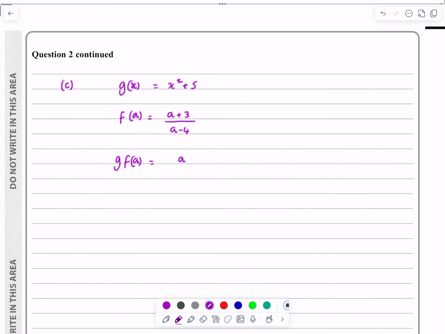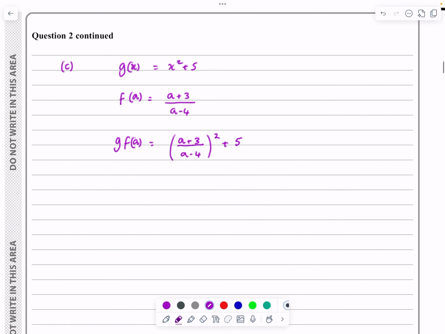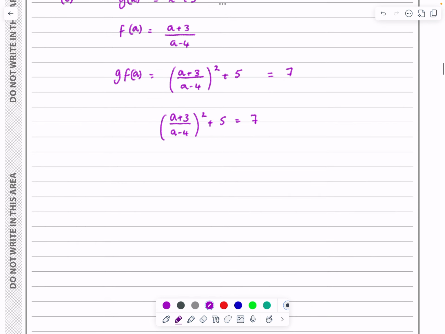So it's ((a + 3)/(a - 4))² + 5, and we want that to equal 7. We've now just got to solve this. The simplest way to do that is to take the 5 over. So ((a + 3)/(a - 4))² is going to be equal to 2.